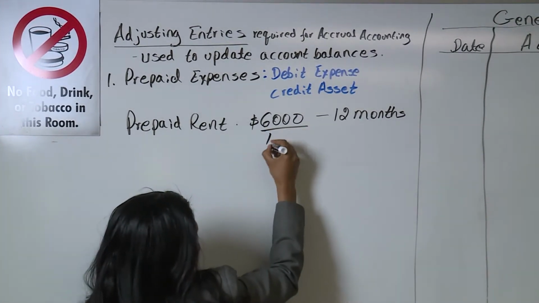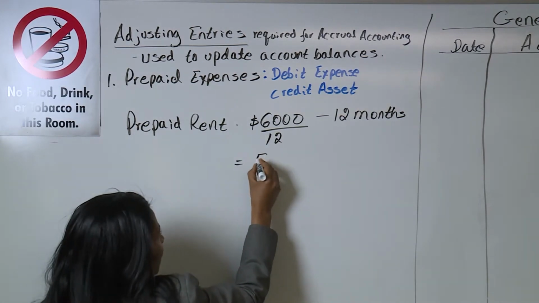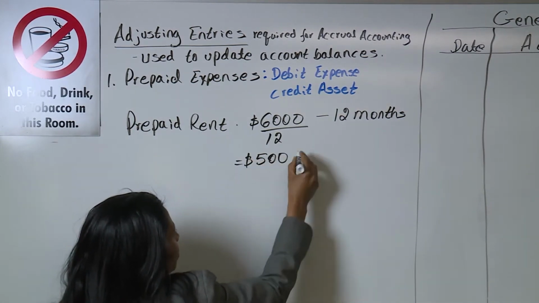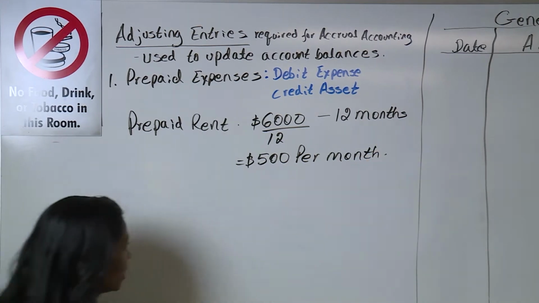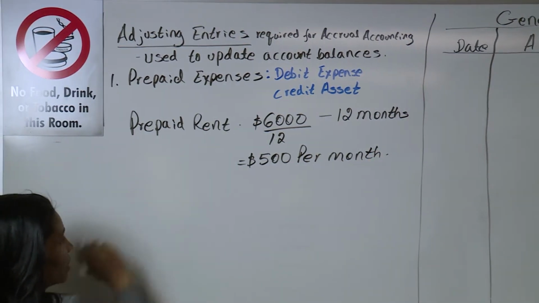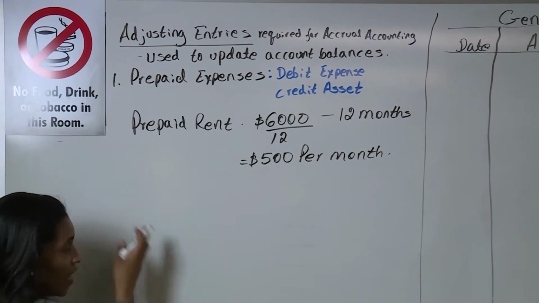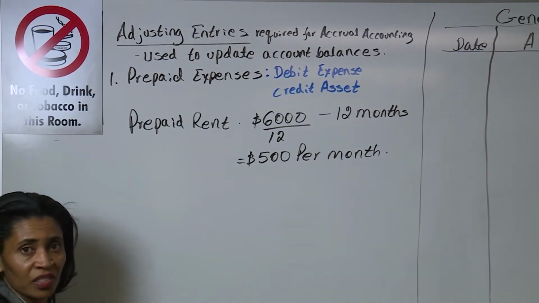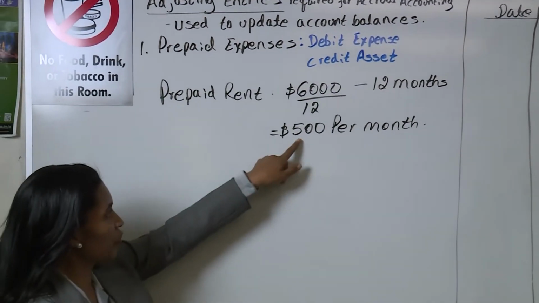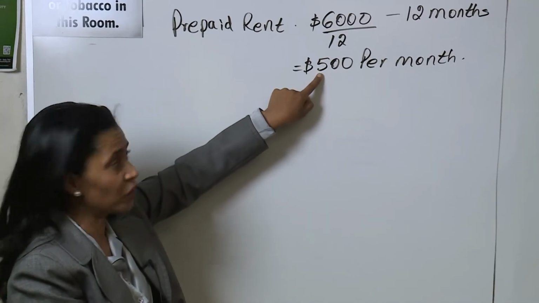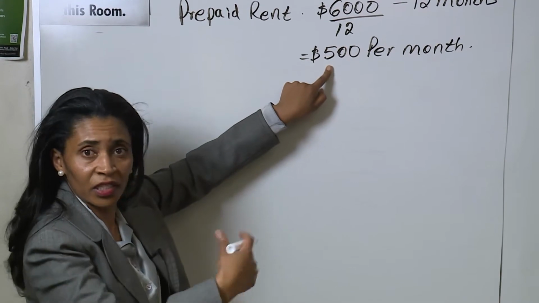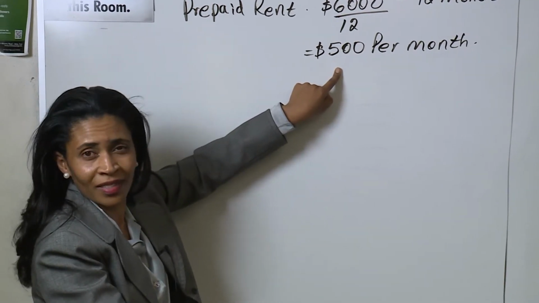That means if I divide this, it gives me $500 per month. Because I paid this on December 1st, and now we are on December 31st, after 1 month, this $500 should be taken out of the asset account, prepaid rent, and should be included as an expense.